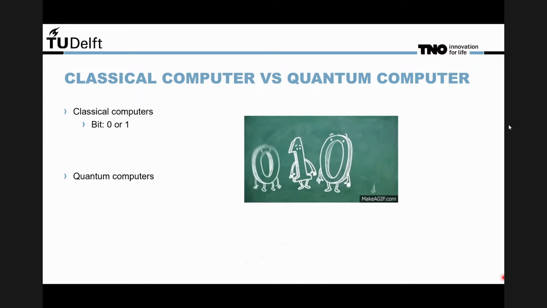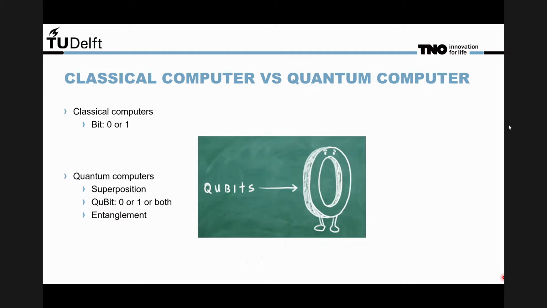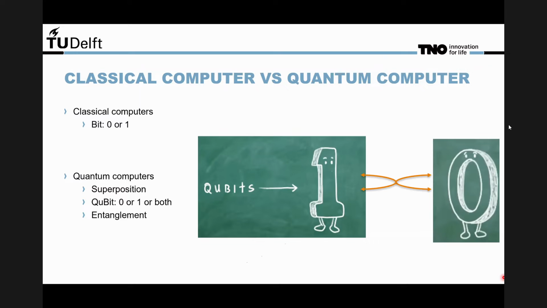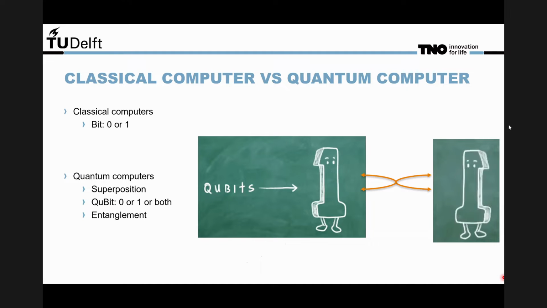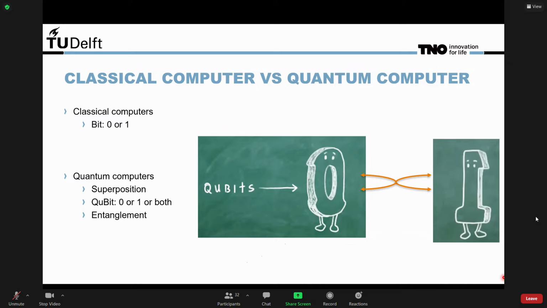These qubits make use of two key principles of quantum physics. Superposition and quantum entanglement. So superposition means that each qubit can represent a 0, a 1, or both at the same time. And quantum entanglement happens when two qubits are in a superposition, so they correlate with each other.